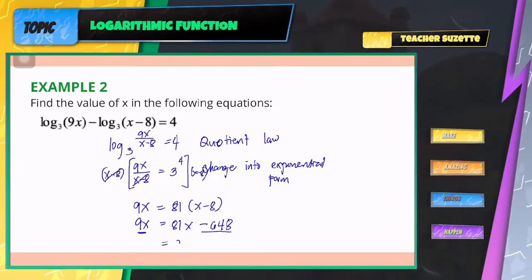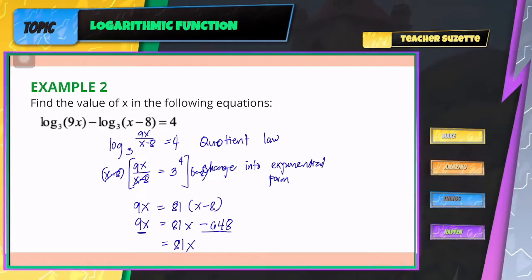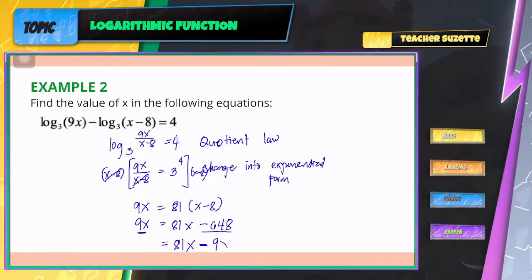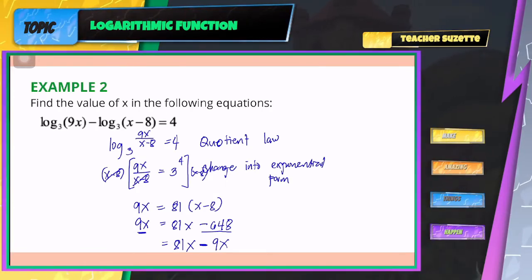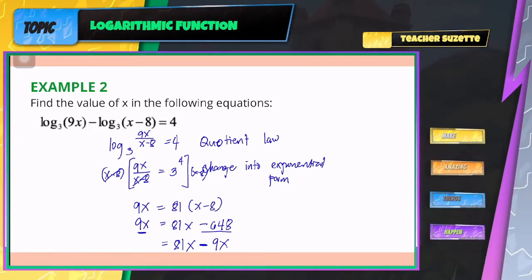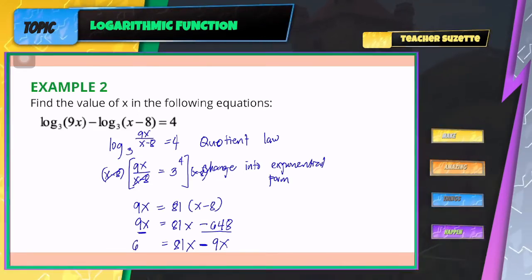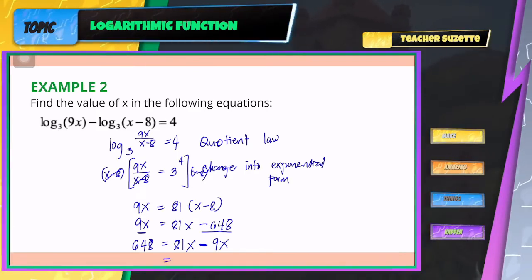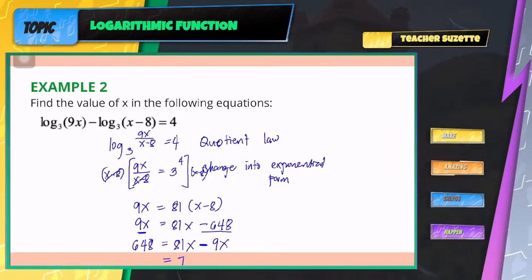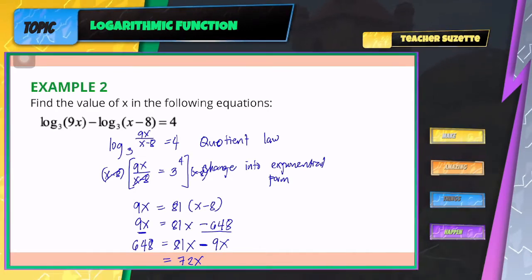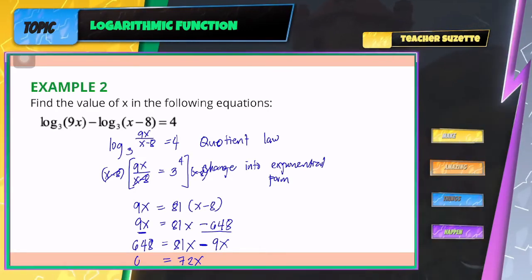So, you will have 81x minus, transpose natin yung ating 9x, so we will have negative 9x, and ang ating 648 as positive 648. So, we will have 72x, 81 minus 9, 72x, equal to 648.